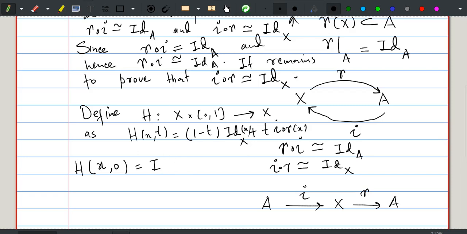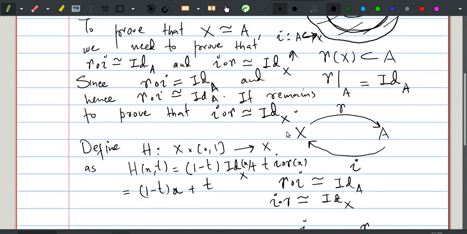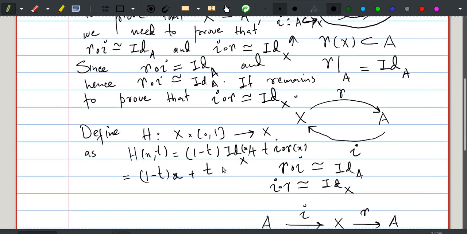So this is actually equal to (1 minus t) x plus I of R of x. I won't make any difference, so this will be t times R of x. Now R of x is given to be x over the norm of x.